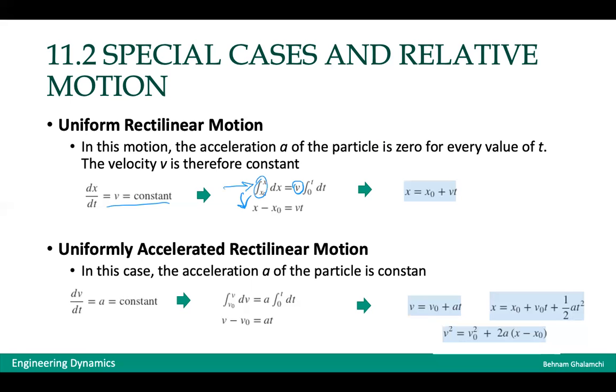Applying these limits, we end up with this equation. That's important to know when the particle is moving with a constant velocity. This is the formula for the position: x equals x0, the initial position, plus vt.